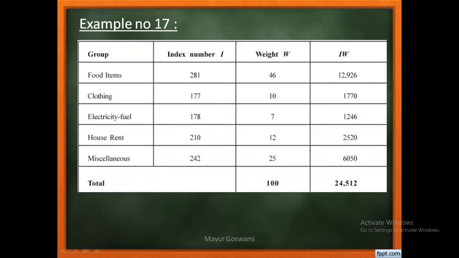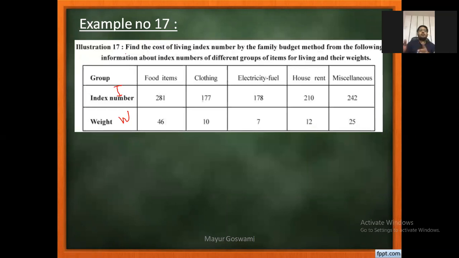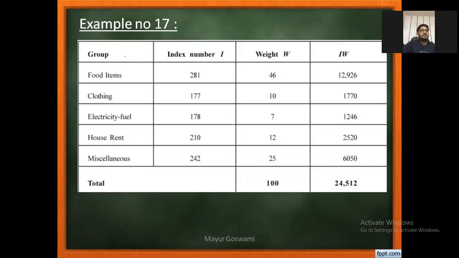For the solution, you can write like this: the groups given horizontally in the question you can make vertical. So the groups are food items, clothes, electricity, fuel, house rent, miscellaneous. Index number I is given and W is given, and our formula is sigma IW, right?